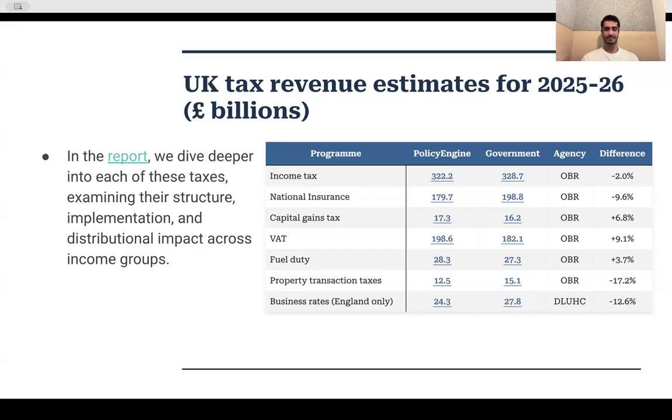They are the main elements of tax in the UK. We put the government statistics that they are reporting, mostly through the OBR, and I also included the PolicyEngine estimates for these elements, so you can see the relative difference for each.